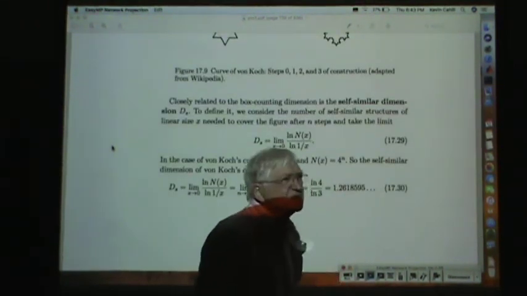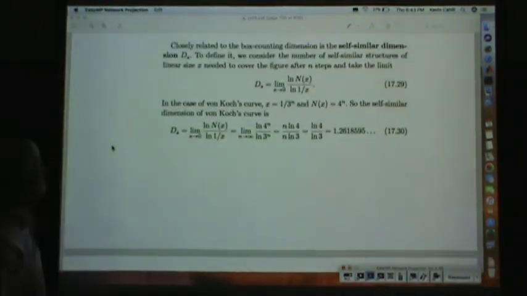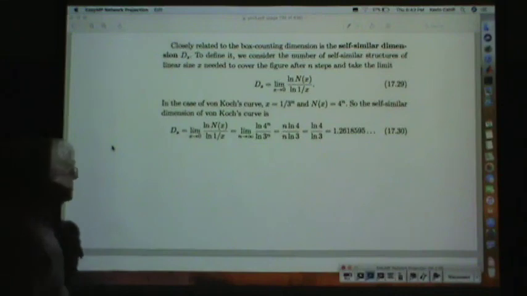There's another definition of dimension, closely related. This is called the self-similar dimension. You consider the number of self-similar structures of linear size x needed to cover the figure after n steps and take the limit. Well, it seems to me this is almost the same thing. And you wind up in this case with 1.26.